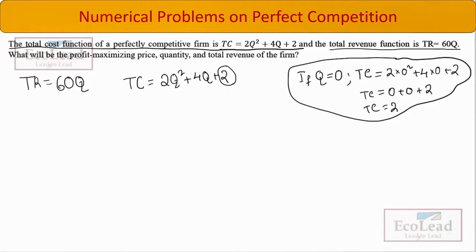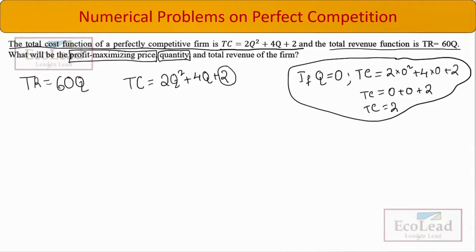Now the question: what will be the profit maximizing price and quantity and the total revenue of the firm? Now in this case, for the profit maximizing price, as we know, for the perfectly competitive firm the profit maximizing price is nothing but the market price. But the profit maximizing quantity we can identify.